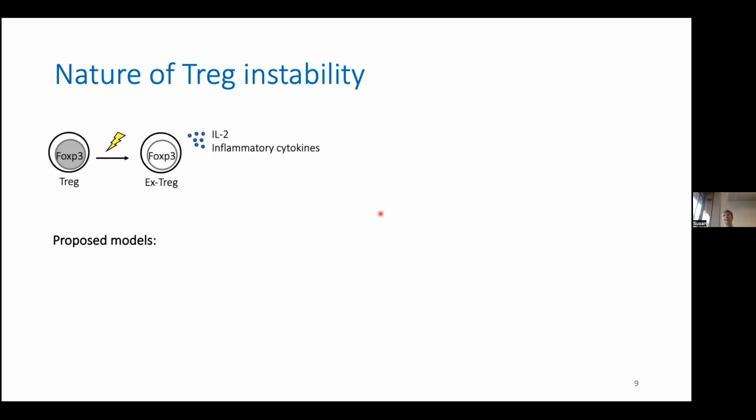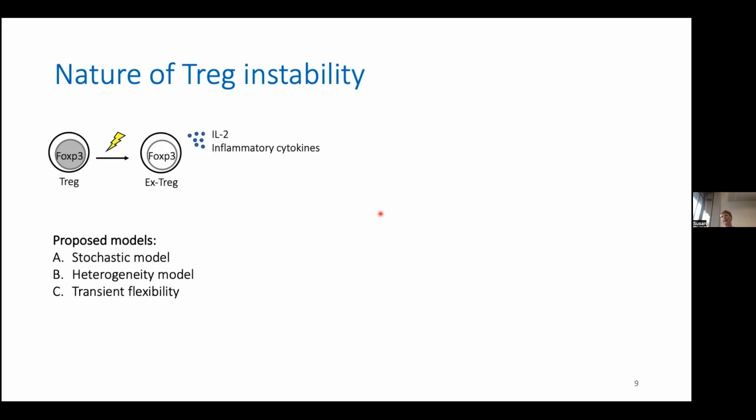Three models have been proposed for that. The stochastic model, the heterogeneity model, and the transient flexibility model. Is there one truth for all contexts? Surely not. Towards the conclusion, I'd like to bring these models up again. There are arguments for every single one of them.